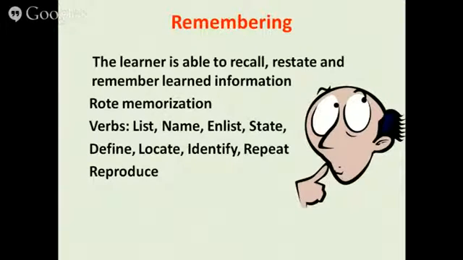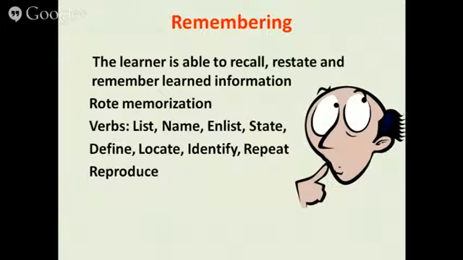All those aspects of the subject which require rote memorization on the part of the student would fall in the category of remembering. Here, when you say list 3 advantages of network security, the student doesn't need any understanding. He can mug up, he can memorize the subject by rote.